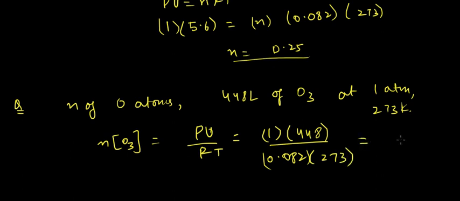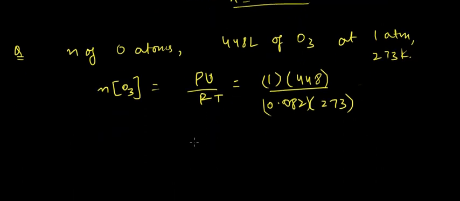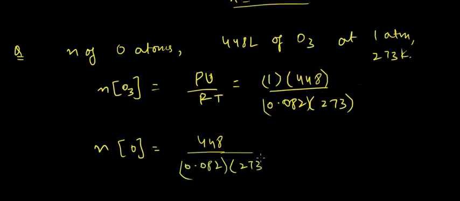These are the number of O3 molecules. The number of moles of oxygen atoms would be 448 divided by 0.082 into 273, times 3, because one O3 molecule contains 3 atoms. So it will come out to be 3.6, the number of moles of atoms.